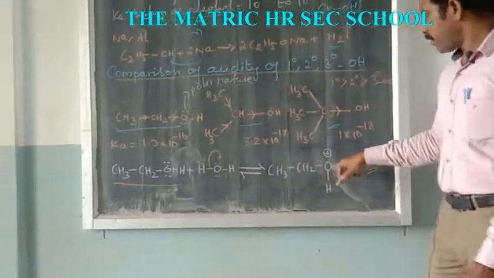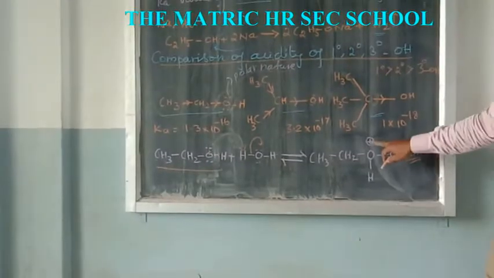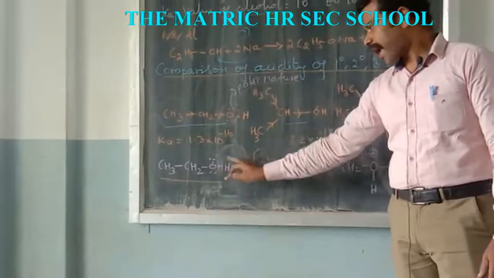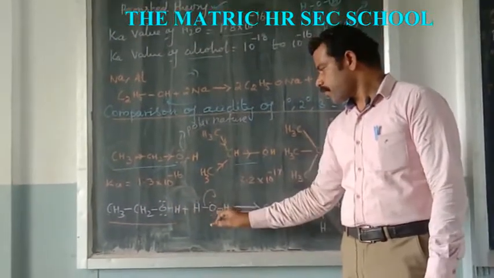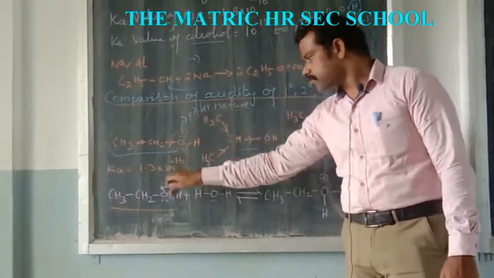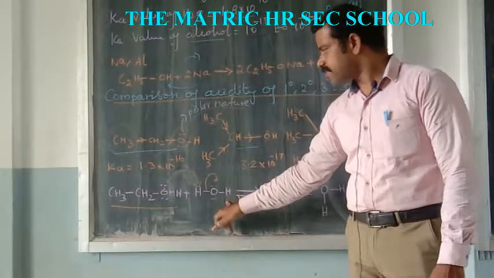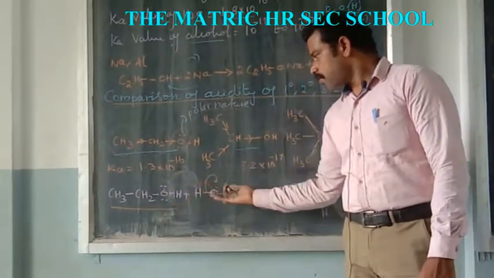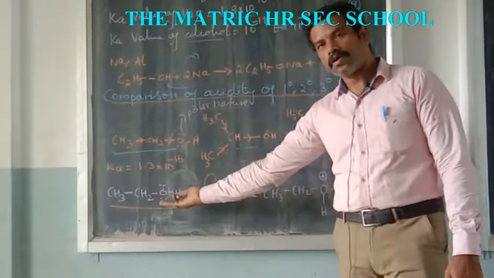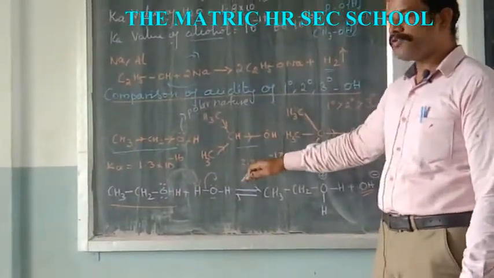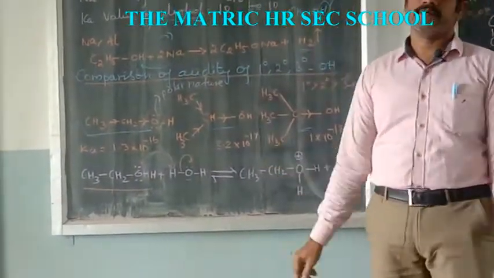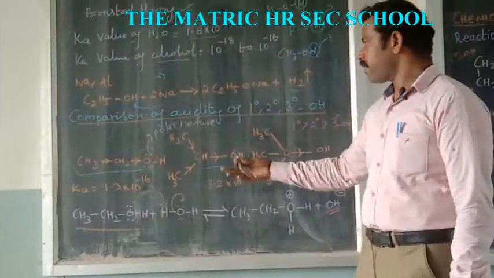So you get a positive ion and a negative ion. Alcohol accepts the hydrogen, water donates the hydrogen, so the proton is easily removed, so water is a better acid compared to alcohol. Water is the most acidic compared to all alcohol compounds, but it is less acidic compared to methanol. That's all.